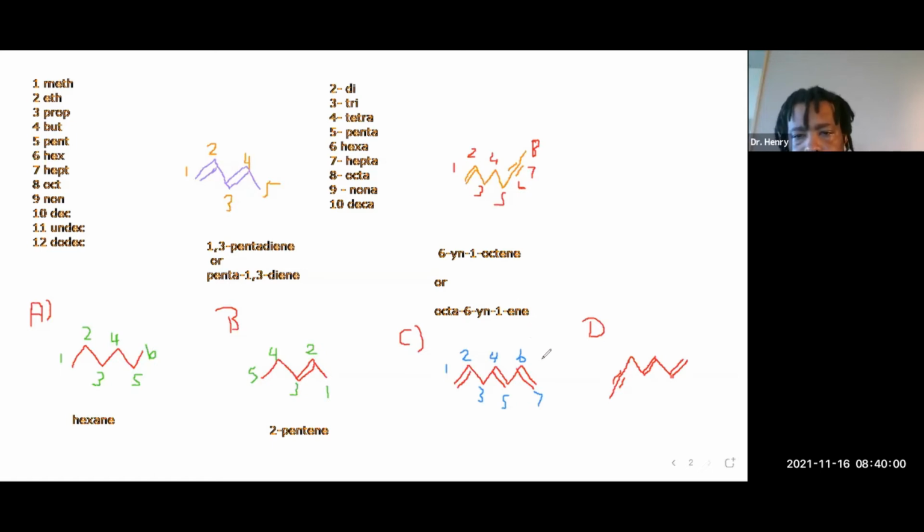Brown, starting from the right: 1, 2, 3, 4, 5, 6, 7.